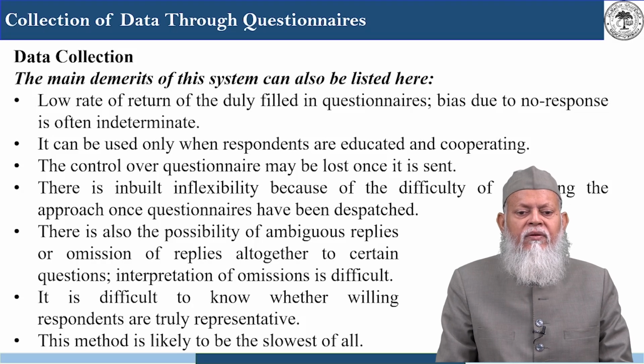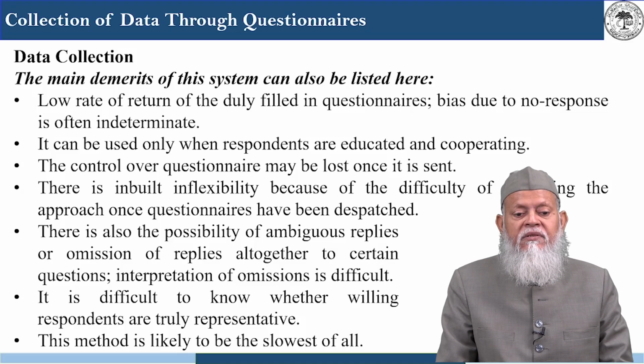The control over the questionnaire may be lost once it is sent. There is inbuilt inflexibility because of the difficulty of amending the approach once questionnaires have been dispatched. There is also the possibility of ambiguous replies or omission of replies altogether to certain questions.